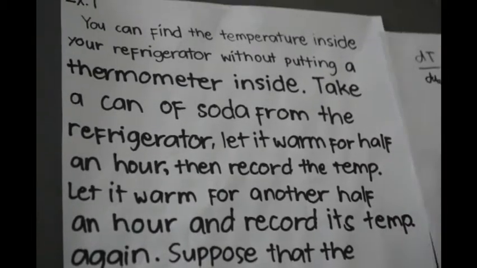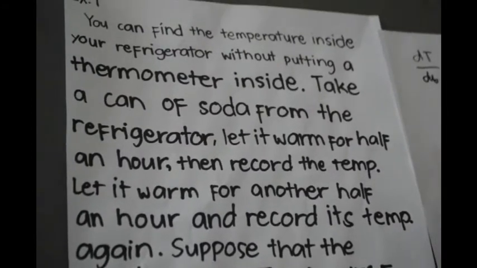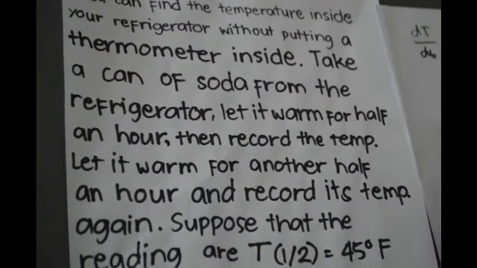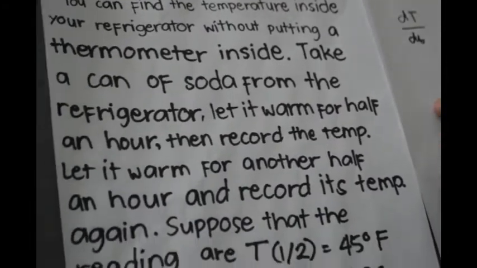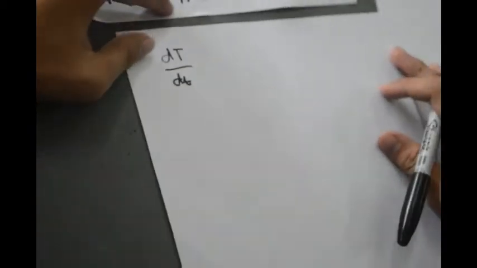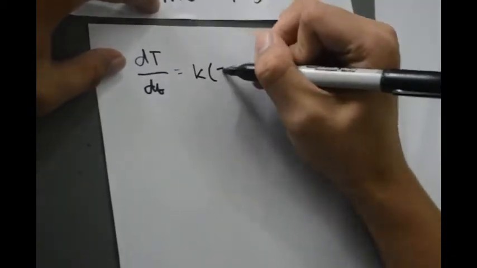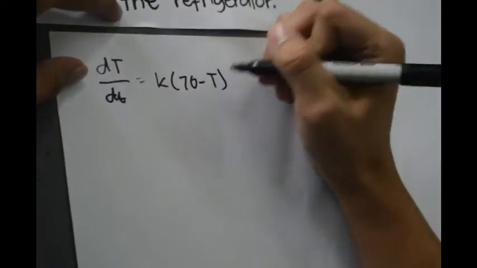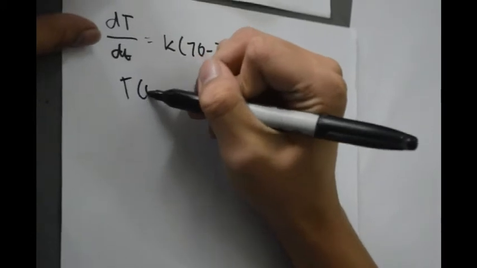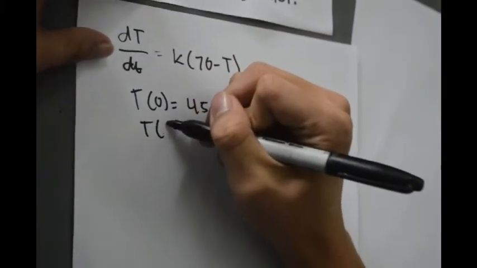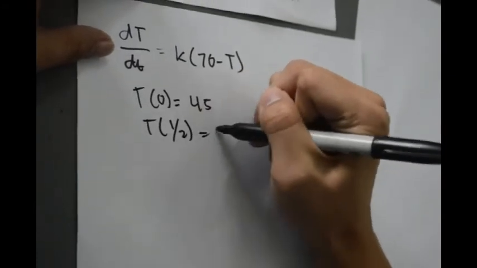Taking the half hour after the soda was removed from the refrigerator to be the zero time, and stating the given information in an appropriate way, we have the boundary value problem. We have dT over dt is equal to k times 70 minus T, T of 0 is equal to 45, T of 1/2 is equal to 55.